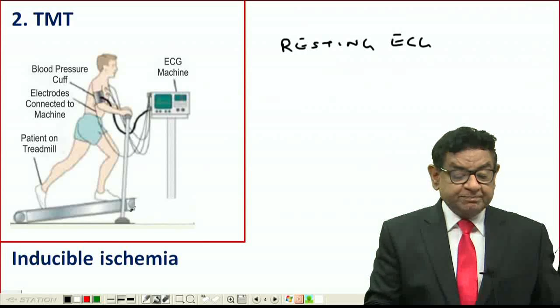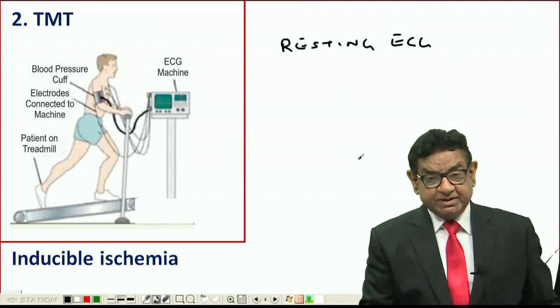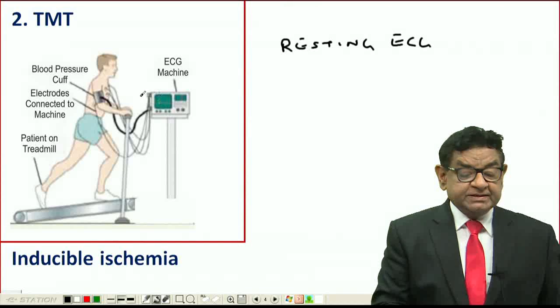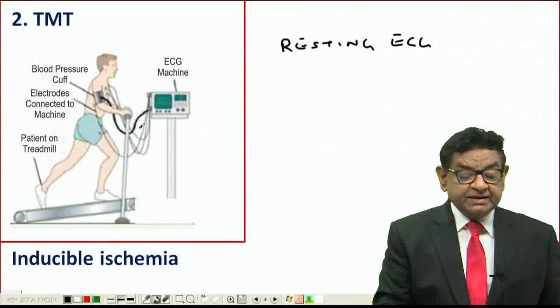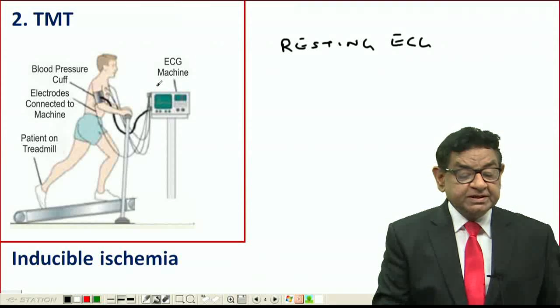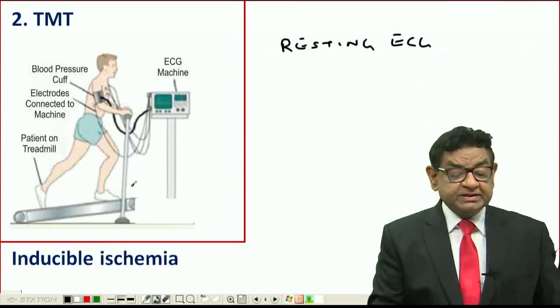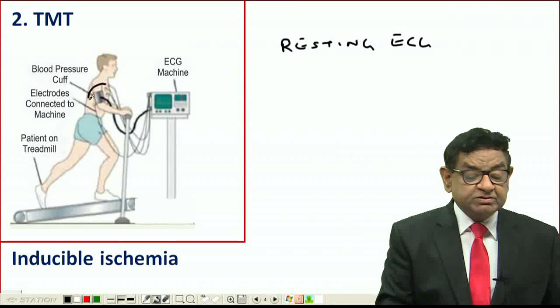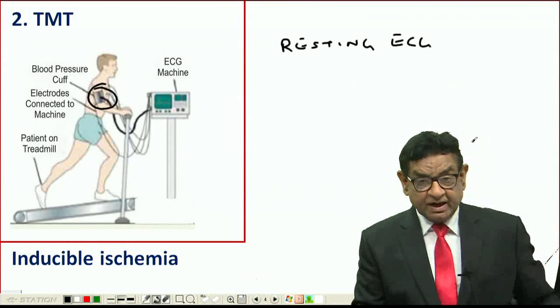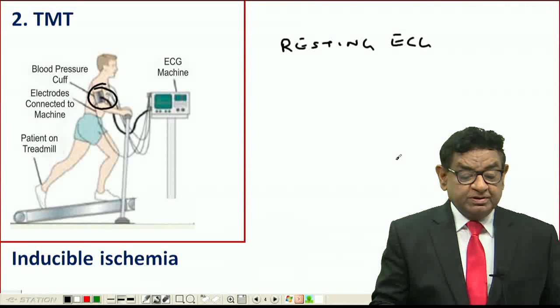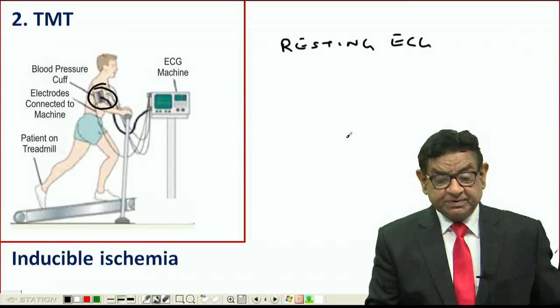After that, we make the patient stand on this TMT machine, and these leads are connected to the ECG machine. Now the patient has to run on this machine, and a BP cuff is also there on the arm. Now we start the machine.